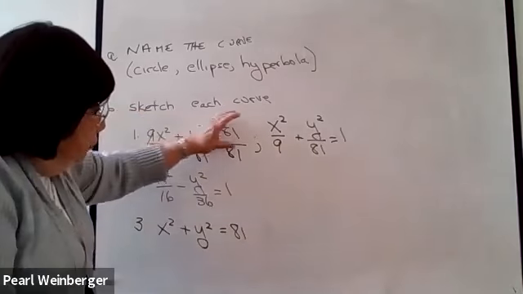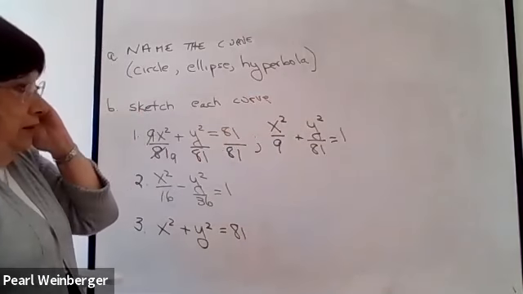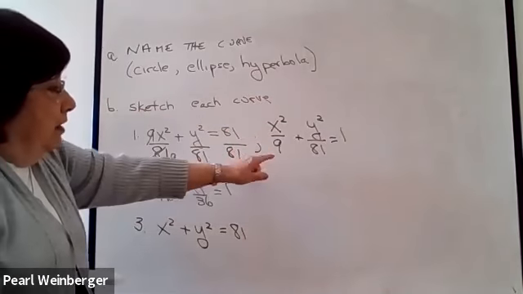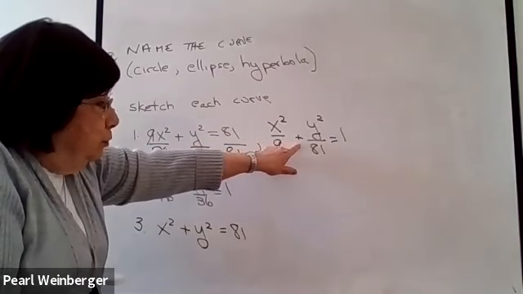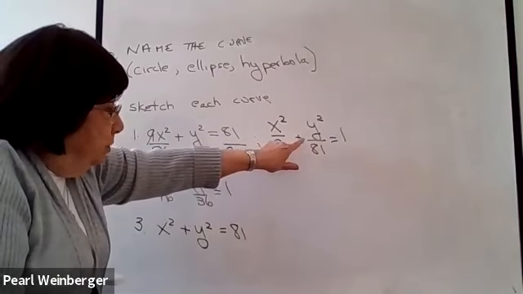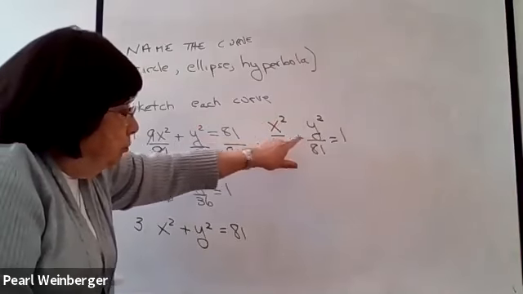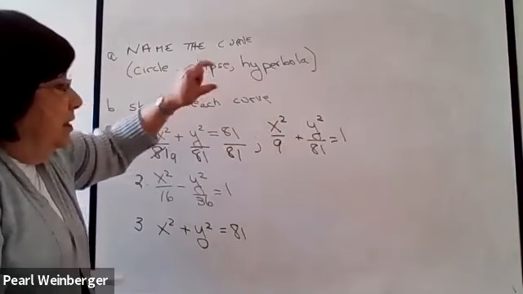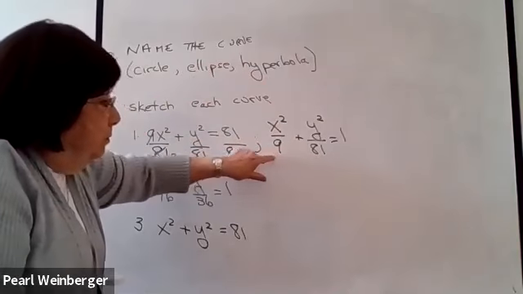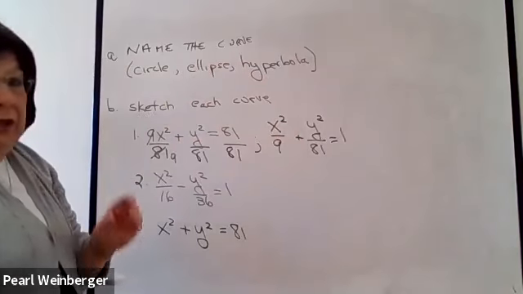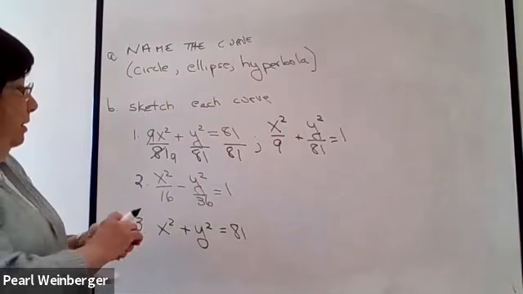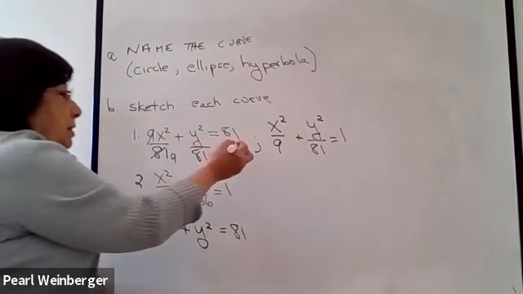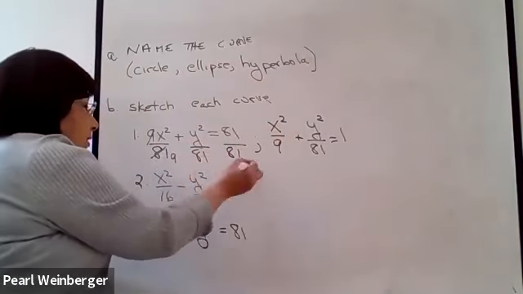You could have seen it originally or in the standard format. And on top of that, between the x squared term and the y squared term, there's a plus. When these are different numbers and there's a plus in between them, you have an ellipse. You are absolutely correct. This one is an ellipse.